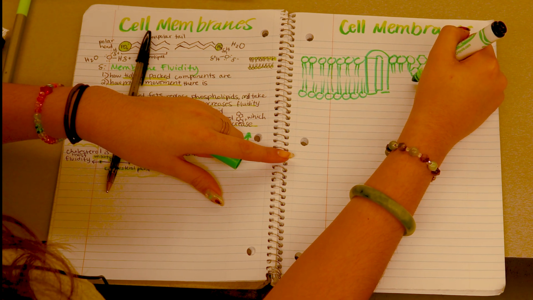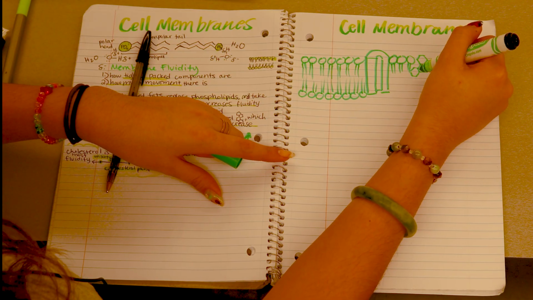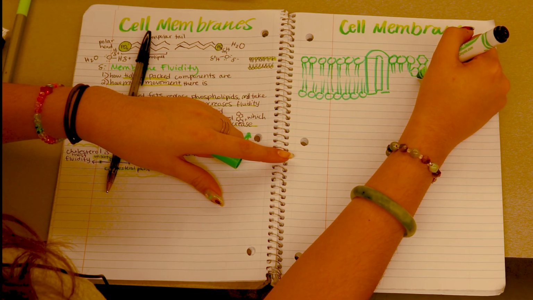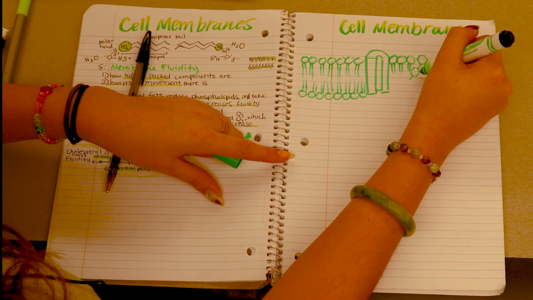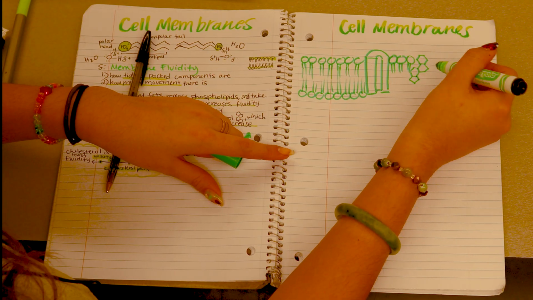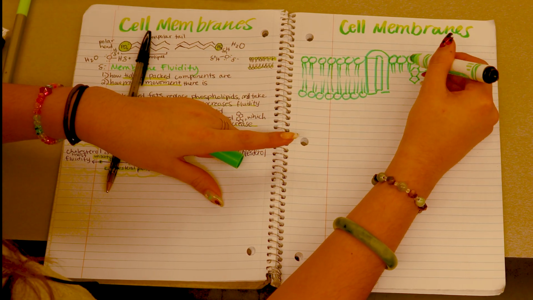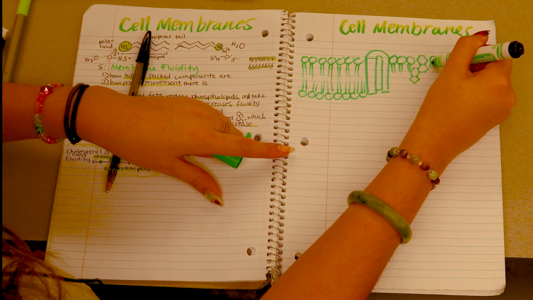Cholesterol's structure is a little bit more complex than we need to know, but usually it'll be like this: three six-carbon rings, and then one five-carbon ring, like that. I don't know the exact scale, but this one's taking up a lot of space, making it maybe a little bit more fluid.